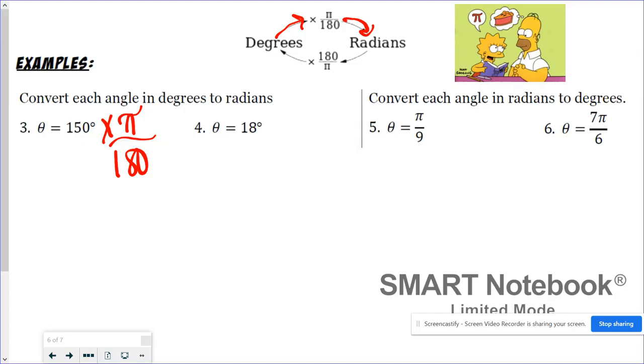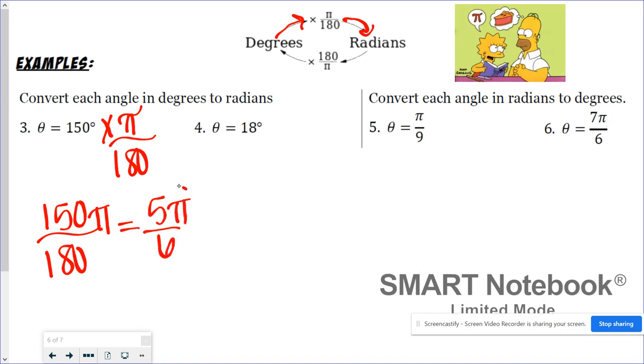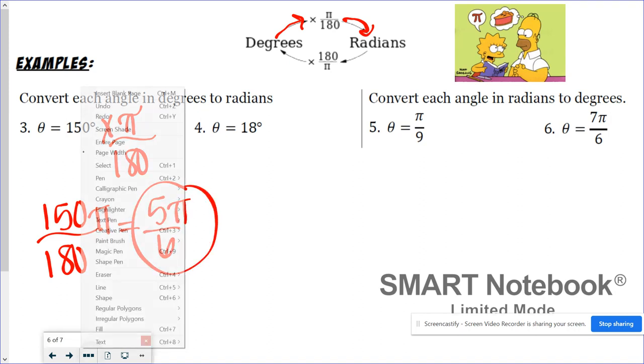My little yellow calculators in my classroom, you can even type it in with the pi and it will handle it just fine. But you are expected to actually have an answer in simplest form. So at first it looks like we have 150 over 180 times pi, and when we reduce that, we get 5 pi over 6, and that would be my final answer for 150.